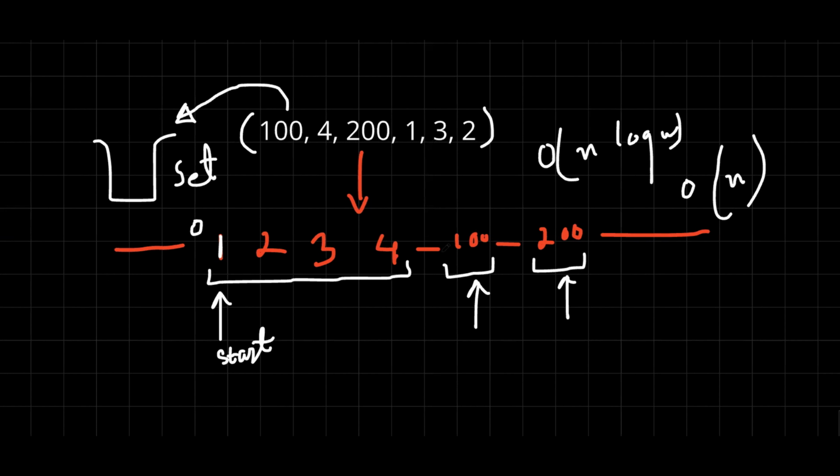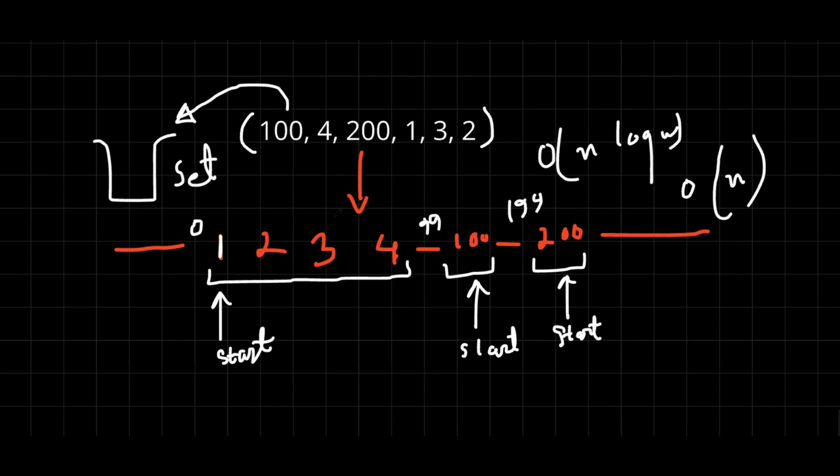Now similarly, for this element 100, element 99 is not present here. So here it is one of the starting positions. Similarly, for this element 200, element 199, which is the previous element, is not present here. That's why we can say that it is one possible starting position.